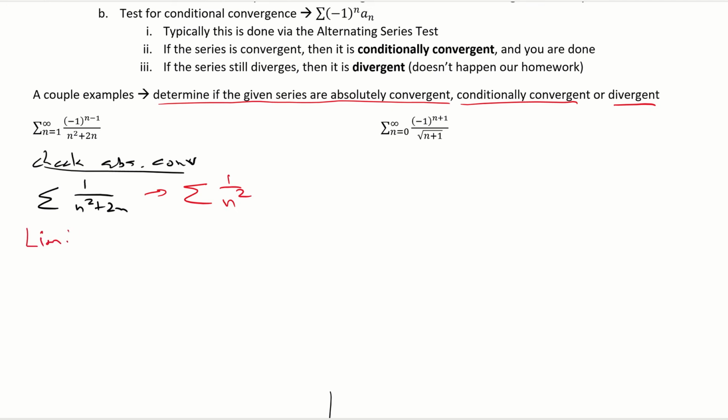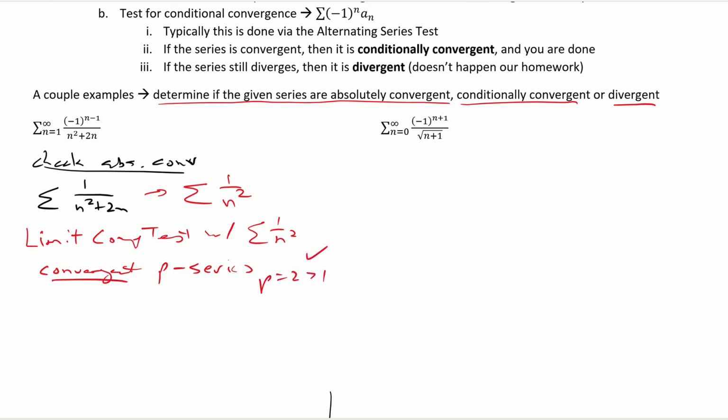Limit comparison test with series 1 over n squared, which is a convergent p-series. Remember, the p in this case is 2, which is greater than 1, so it converges. Okay, so we run the test. We go limit as n goes to infinity, we put one on top of the other.